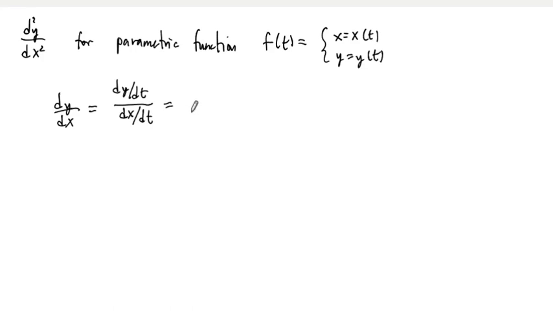This notation only works when you're using it with respect to a parameter, but we can just write this as y dot over x dot. And this is true for any parametric function of x and y.